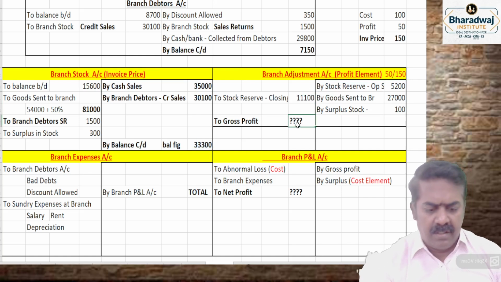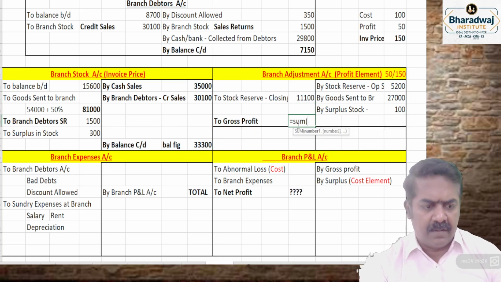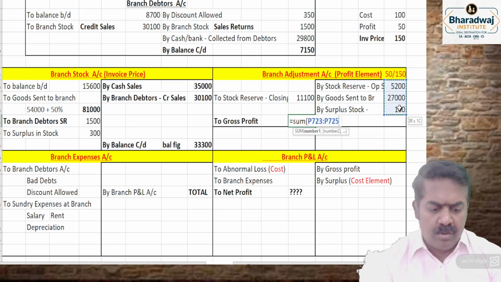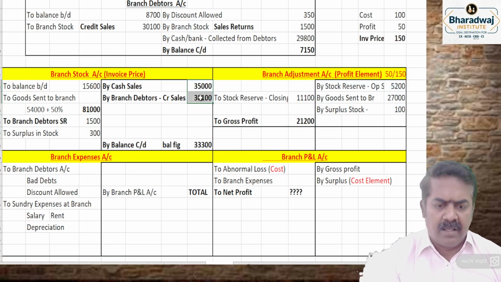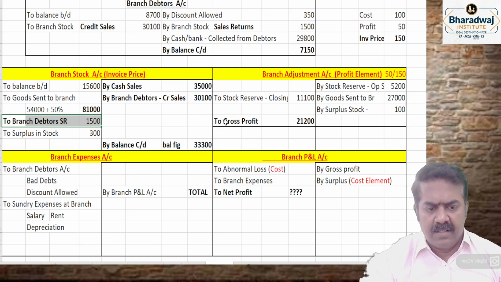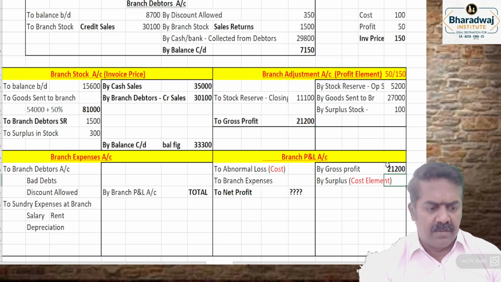Tally this, you will get gross profit. No loading should be removed on what? Cash sales, credit sales, and which one? Sales returns. So we get gross profit. We will bring the gross profit to P&L account. Okay.